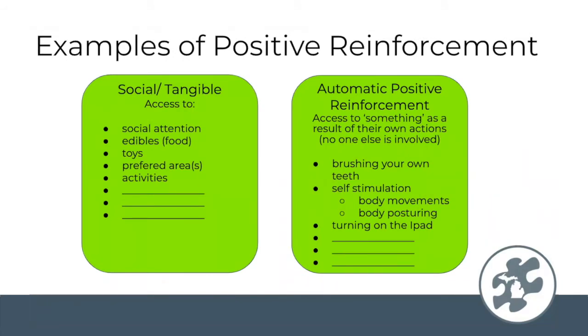Examples of positive reinforcement. I'm going to give you some here. Be thinking about others. And if you have other ideas of different types of social tangible reinforcement, you can list those on the lines provided. Examples would be access to social attention, edibles or any type of food, toys, preferred areas or activities.